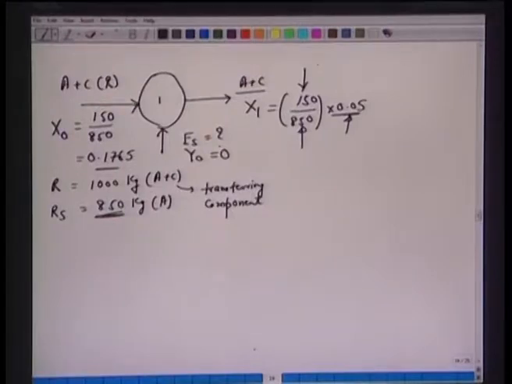We have removed 95%, so that means 5% is left, and this number is 0.00882.